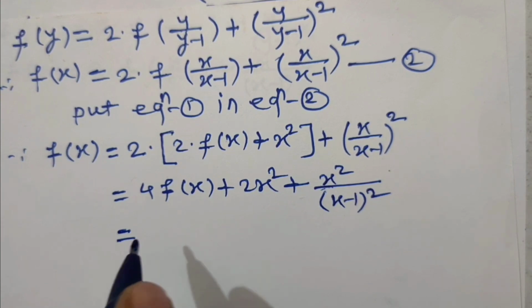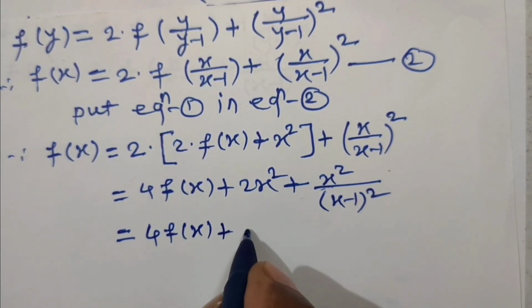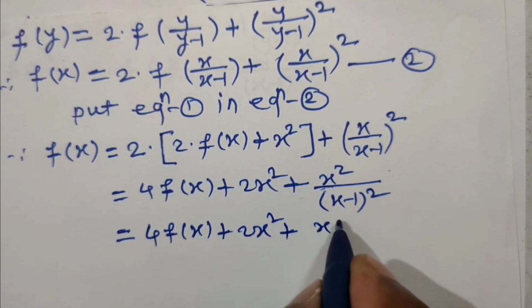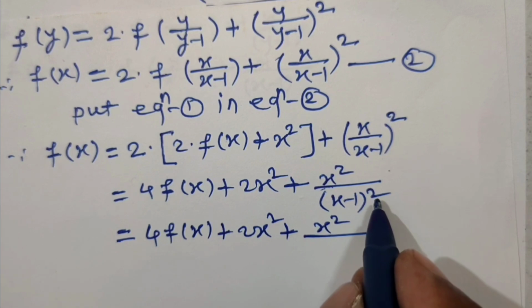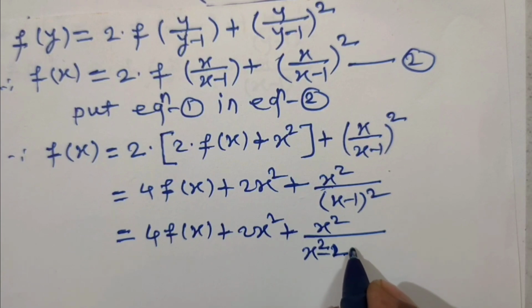This is equal to 4 f of x plus 2x square plus x square upon, expand this bracket to the power 2. First term square minus 2 into x into 1 plus 1 square.